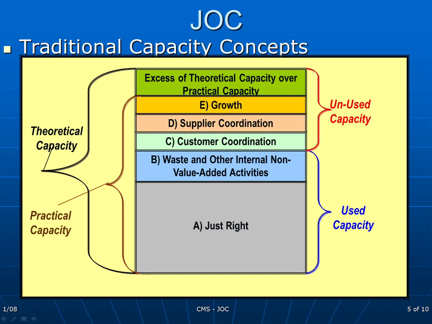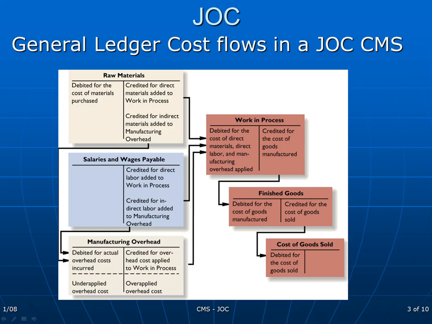But to summarize, we have concepts of supply of capacity and demand for capacity. And it's very, very important because we will use these in the calculation of our normal rates, that we understand what type of capacity that we're working with.